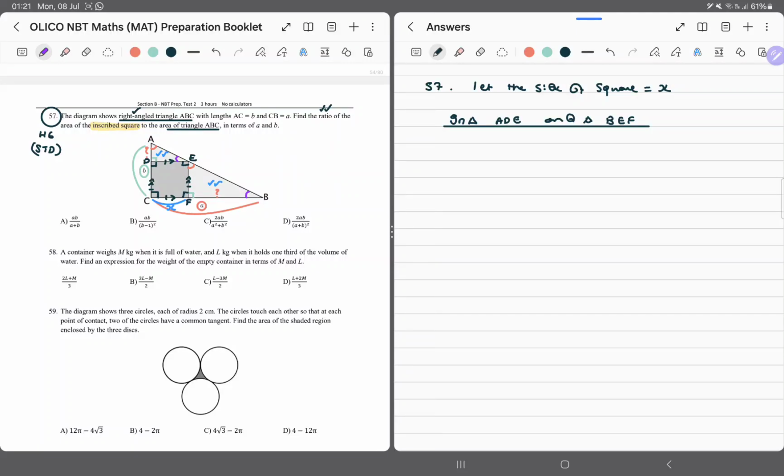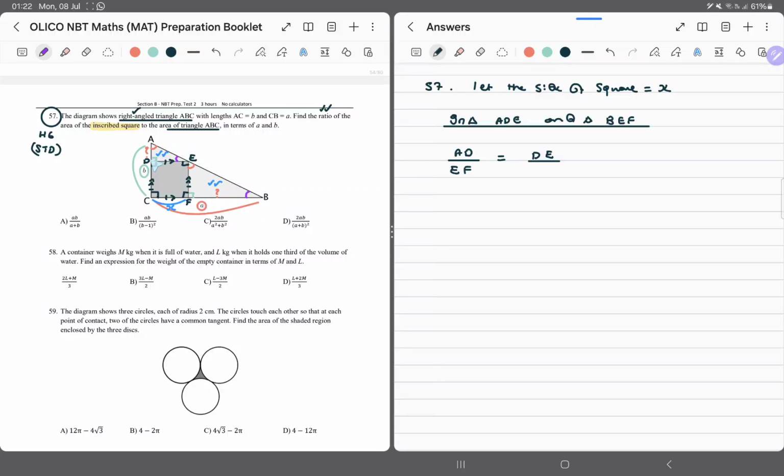From what I can see, if I'm looking at this triangle ADE, I look at AD. I know that AD over, now AD is opposite that angle. That angle is equal to that in this other one, and the side opposite is EF. Is equal to, now I want to use a side that I know, DE.